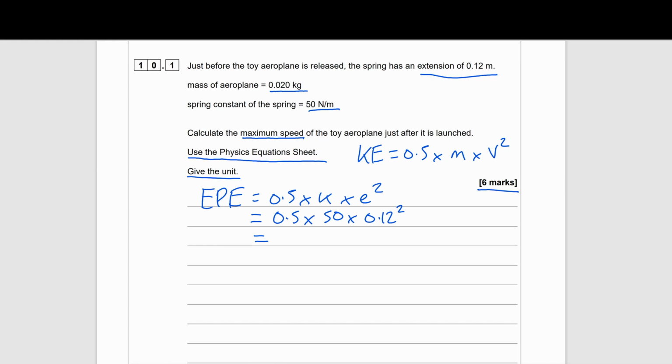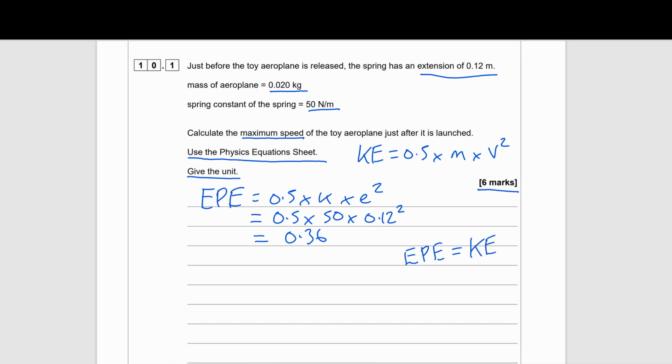If we plug that into our calculator now, to simplify, we should come out with a value of 0.36. So, one more time, our elastic potential energy will be converted to kinetic energy.